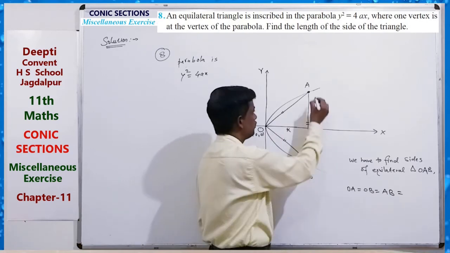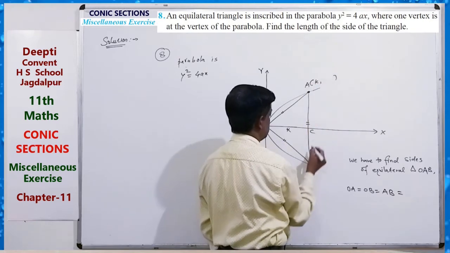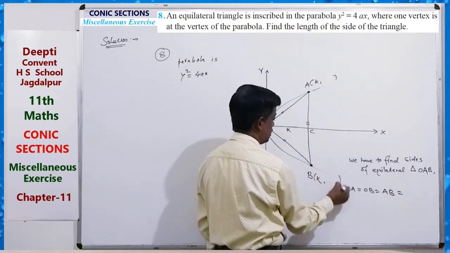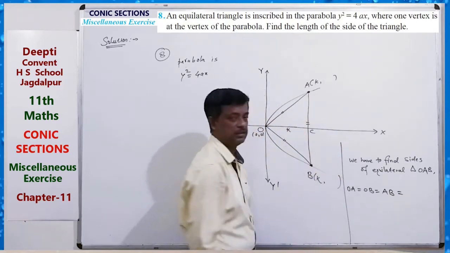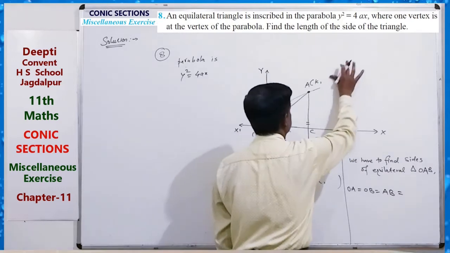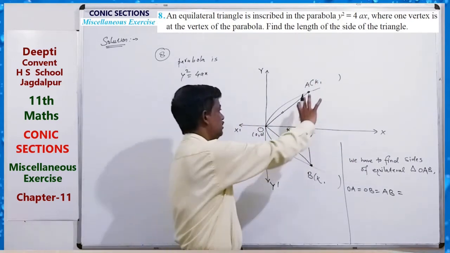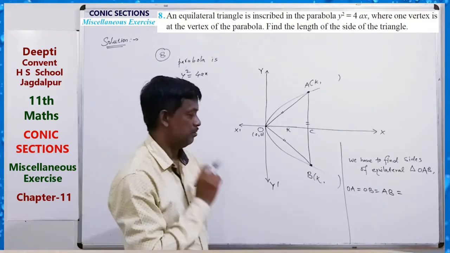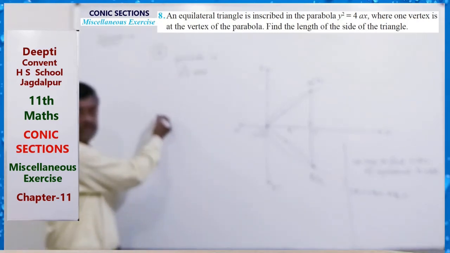So here the point is k comma something, because the x coordinate is k and this distance we require. Clear? Now, y square equals 4ax.